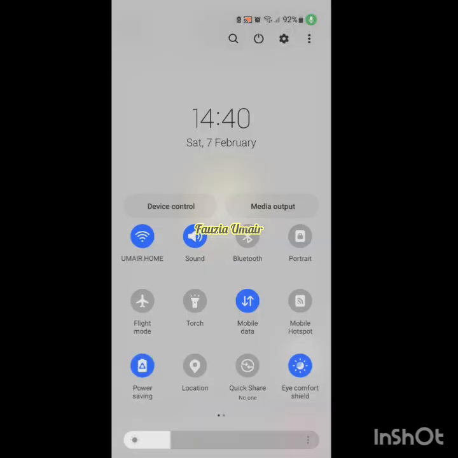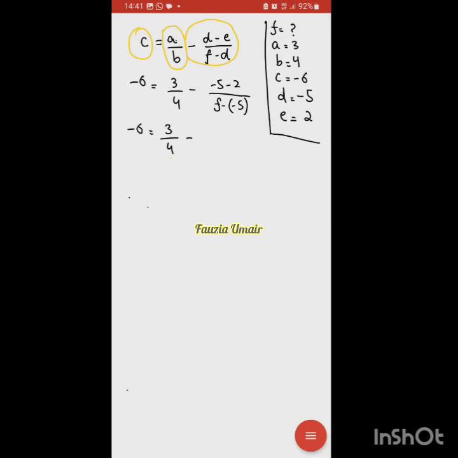Then let me, can you see the screen now? Ma'am, I can see the screen, but it is hanged. It is just written -6.